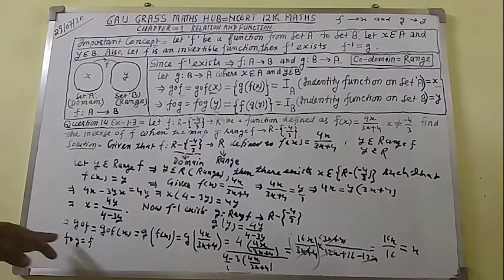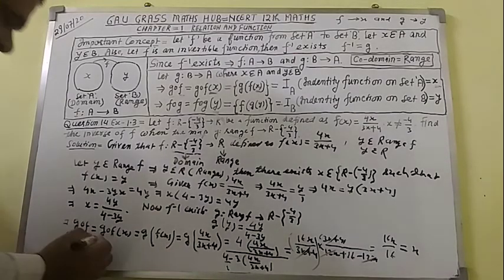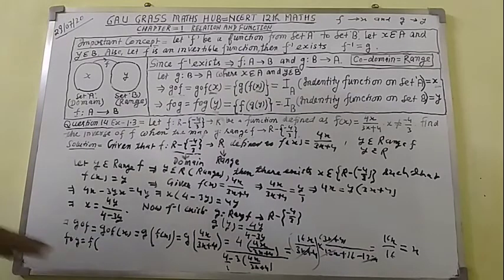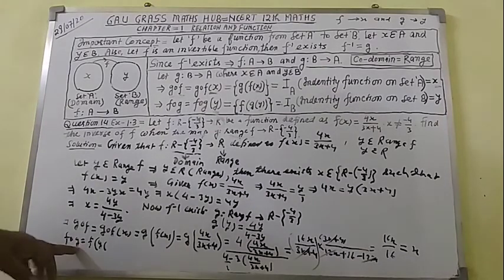So f of g equals, the first letter is f, in place of o, open a circle bracket, and g is in the bracket. The last letter in fog is small g, and the small g goes to y.